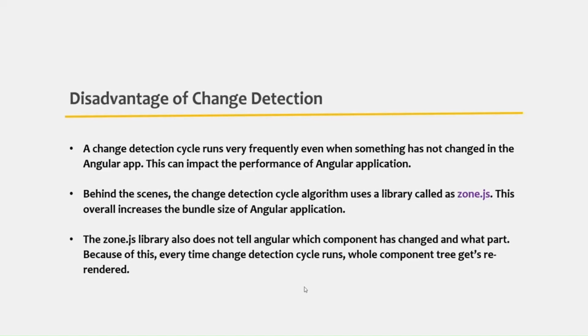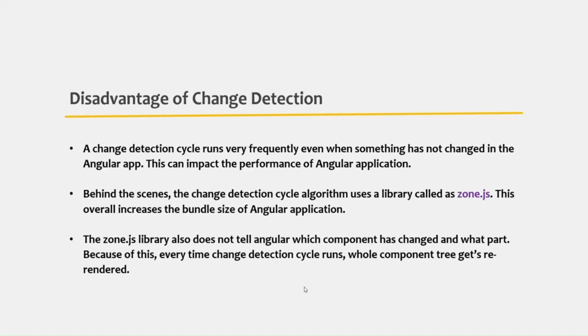So what basically happens is, whenever something changes in our Angular application, even though that change has happened only in one component, Angular will have to re-render all the components in the component tree, because Angular does not know where the change has happened. And that's because zone.js does not tell Angular in which component or in which part of the Angular application the change has happened. So this is another disadvantage.